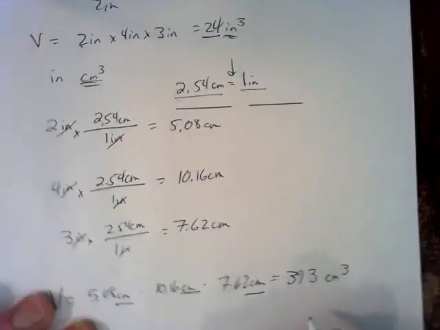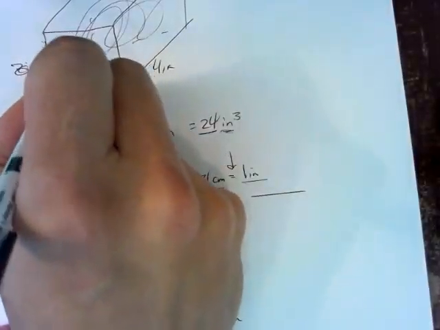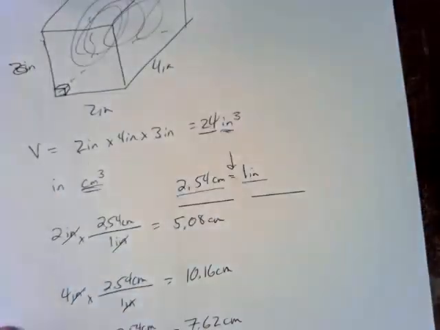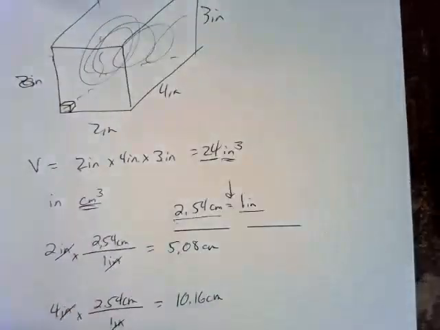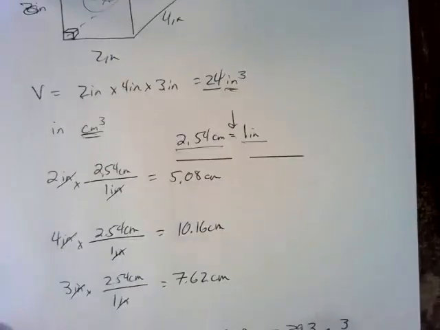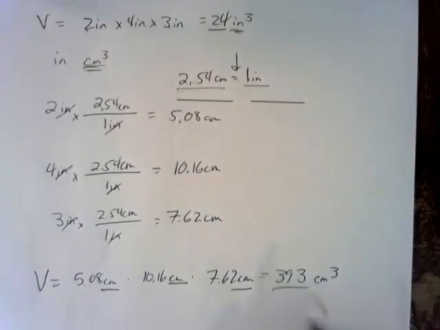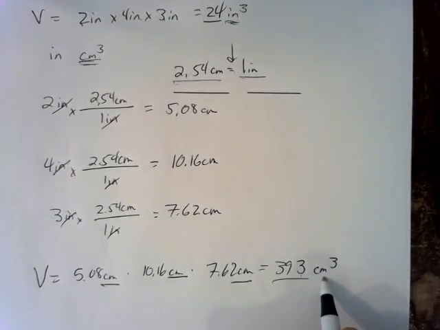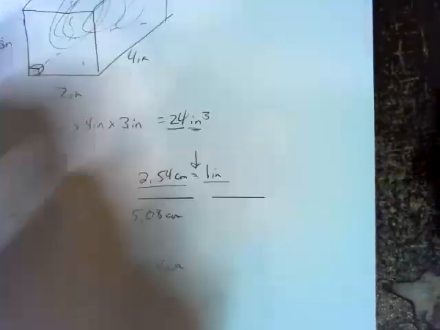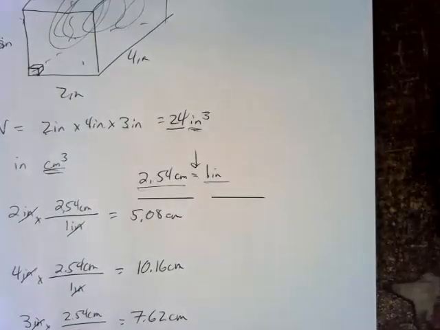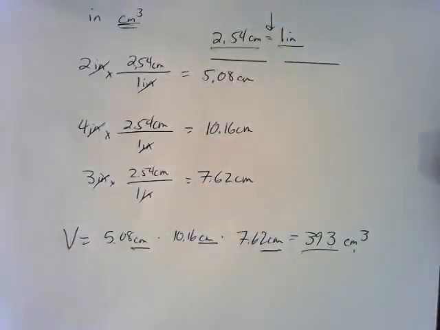So what it's really saying is if you had a box that was a centimeter by a centimeter by a centimeter, you could fit 393 of those cubic centimeters into this volume. Okay. So that's one way to do it.